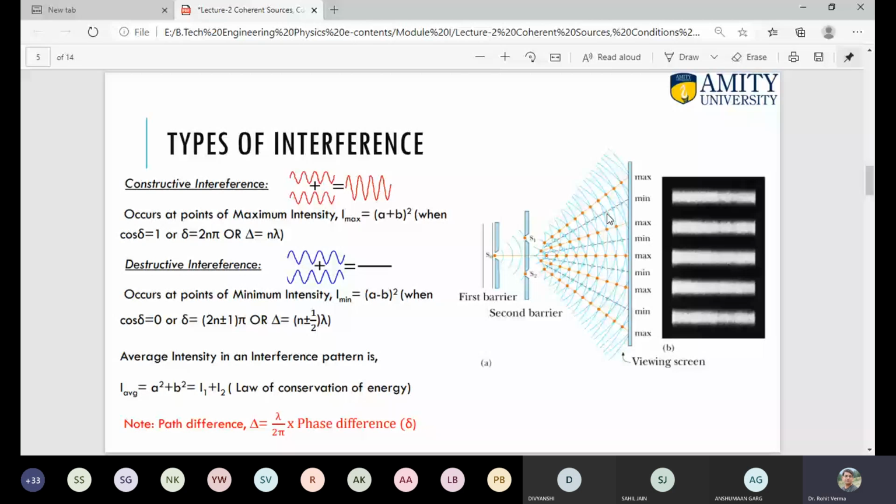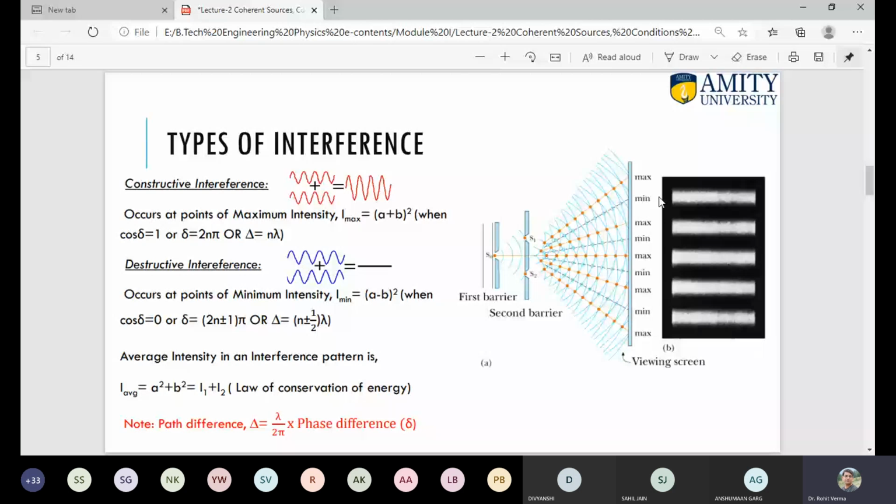So if you extend the anti-nodal line up to the screen, then at the point where it meets the screen, you will be getting constructive interference or a bright fringe. And if you extend the nodal line up to the screen, then at the point on the screen where it meets, you will be getting destructive interference.